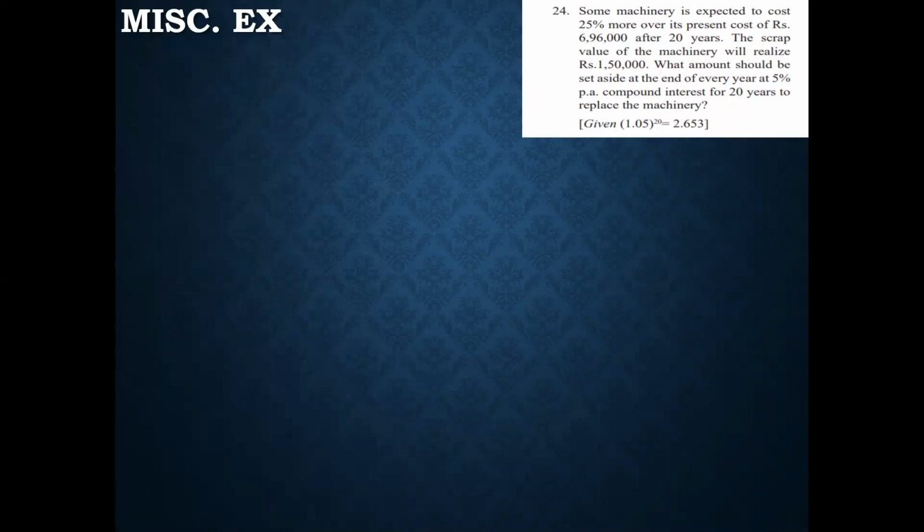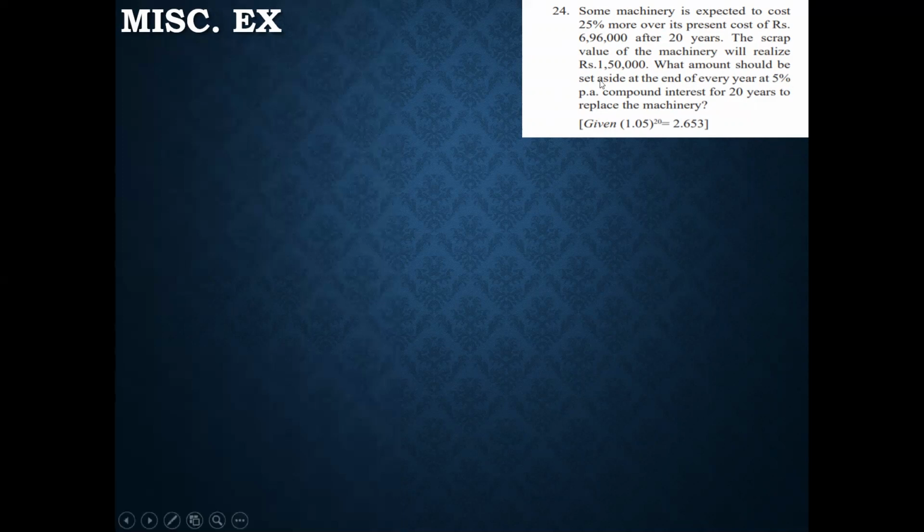The present value of the machine is 6,96,000. After 20 years, usually the cost of the machine depreciates, right? But in this case, they are telling that it will appreciate to 25% more. 20 साल बाद उस मशीन का वैल्यू 25% और बढ़ जाएगा. The scrap value of the machine is 1,50,000. So scrap value means भंगार में अगर बेचने जाओगे तो 1.5 लाख रुपए मिलेगा.